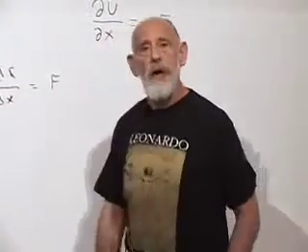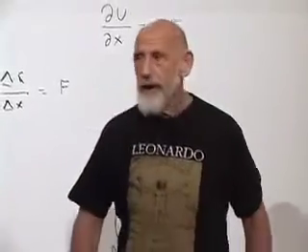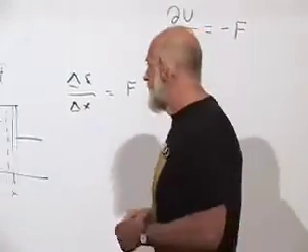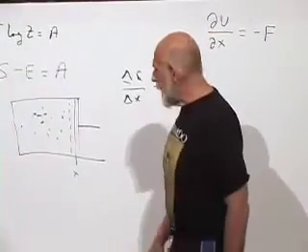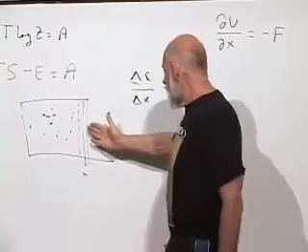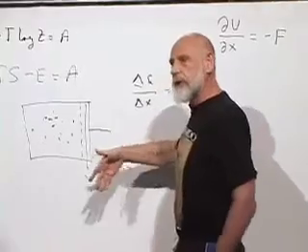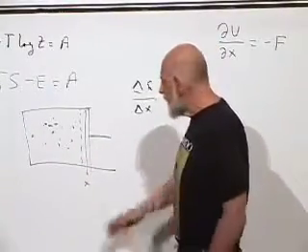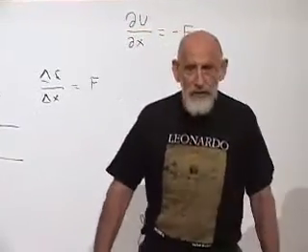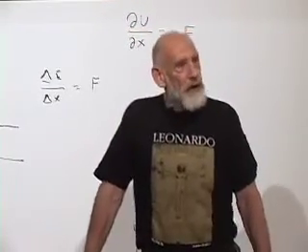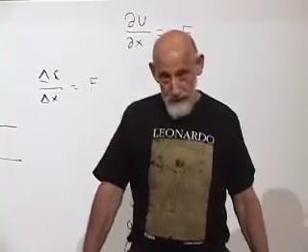It's important in this context that we move the piston slowly. Why? Let me give you a crazy example. Supposing we move the piston outward, okay? The formula is still true. The change in energy of the gas with respect to the location of the piston is related to the force. Supposing we change the position of the piston really fast, so fast that we were moving the piston faster than the velocity of the molecules.